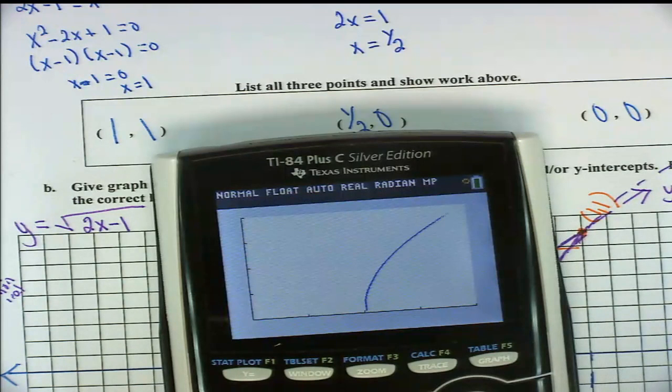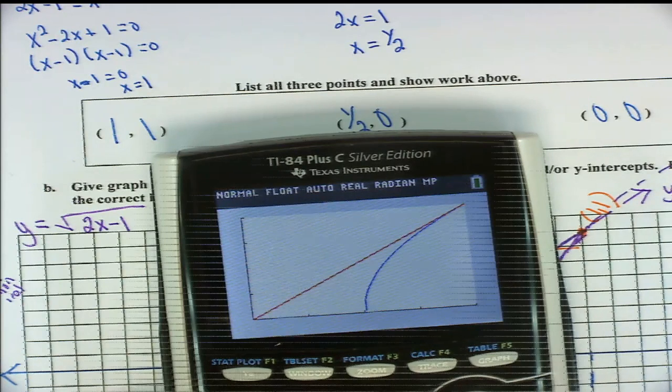So there's y equals the square root of 2x minus 1, and there comes in y equals x. And that looks right on the money there.